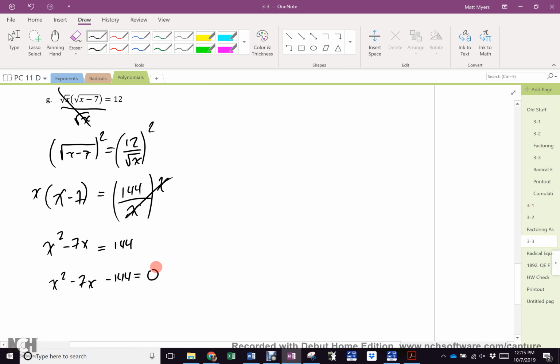Is it 1 and 144? Is it 2 and 72? It's not, right? Is it 3 and 44? No. 42. No. 4 and 4 doesn't work. 5 doesn't work. Is it 6 and 6 goes into that twice. 6 and 24.